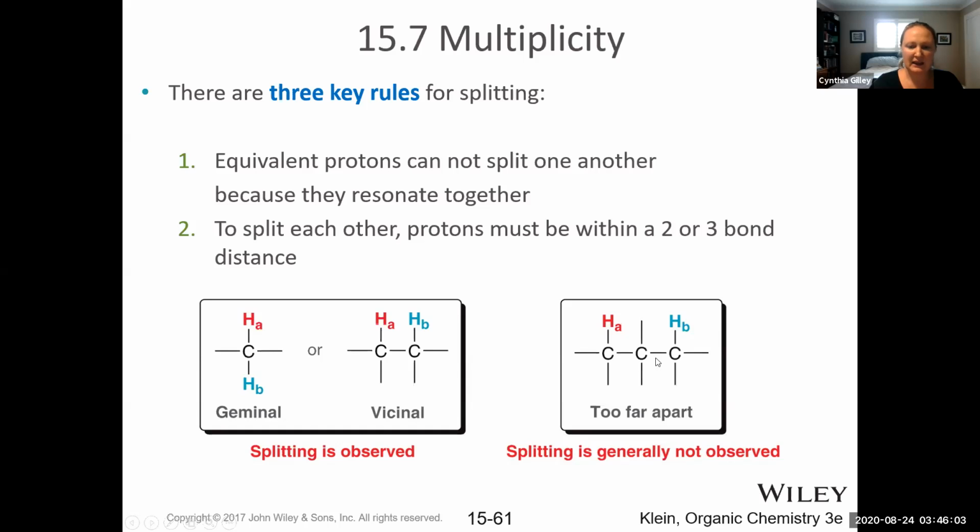Generally speaking, this bond distance that you see over here to the right is too far apart. So basically, it's too far away to shield or deshield HA, so we don't generally see splitting, but you can sometimes see it depending on the exact conformation of the molecule, and it is called long-range splitting.